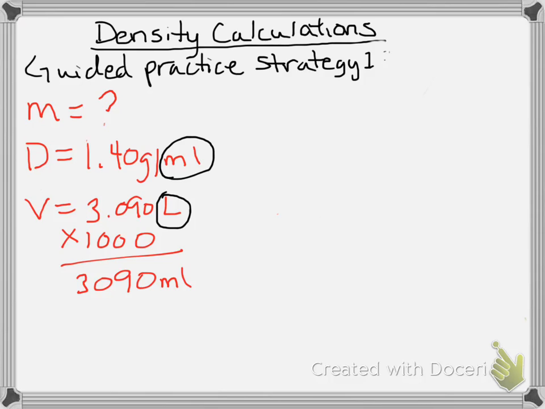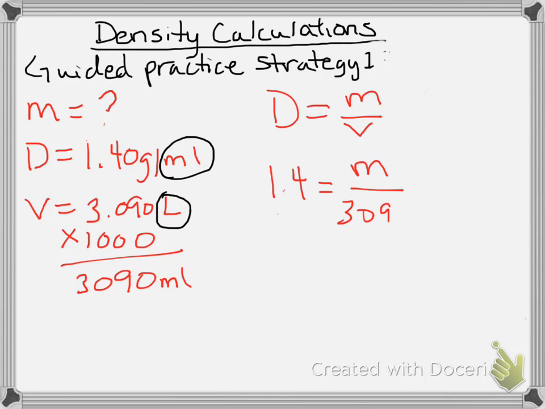Okay? My density formula is still the same. D equals M over V. Okay? Plug in the numbers I know. Density is 1.4. I don't know my mass, so I'm going to leave an M as a placeholder and plug in my volume. Okay?